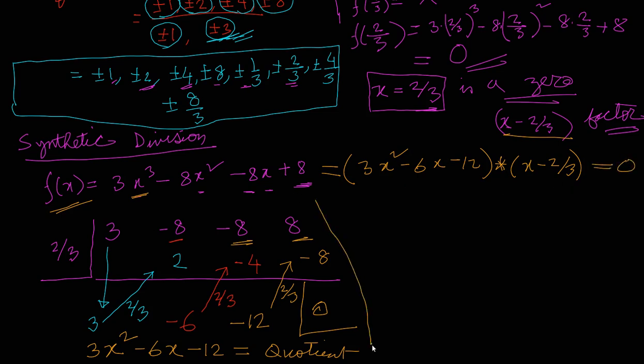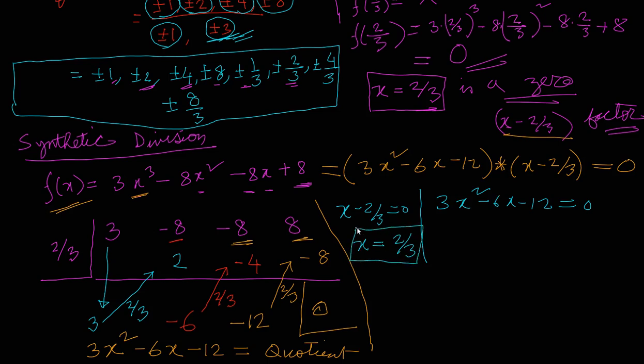So x minus 2/3 equal to 0, or 3x squared minus 6x minus 12 is equal to 0. From here I got x equal to 2/3, which is one x-intercept or 0, which we found before.